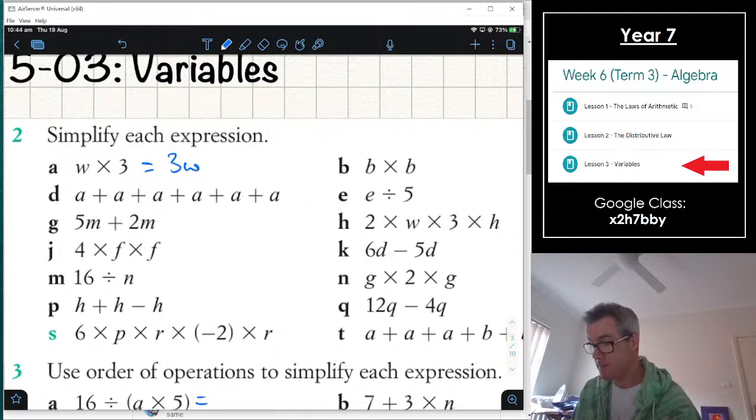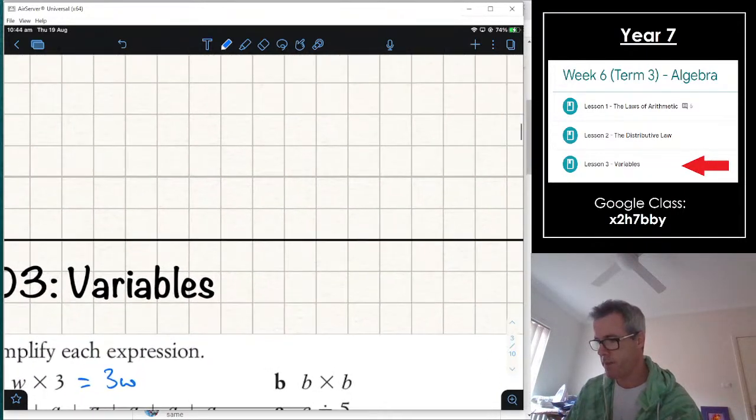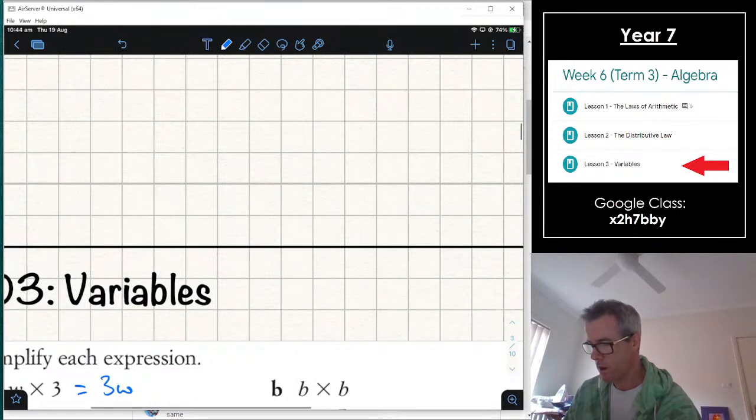This is just changing the way, to use another analogy, it's kind of like when we use slang. If I say hello, that's another way of saying g'day.